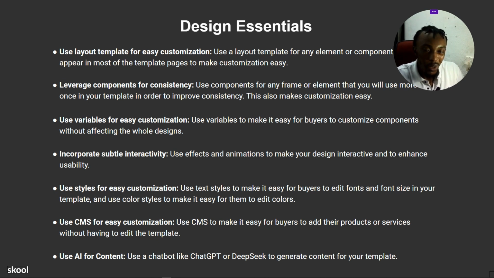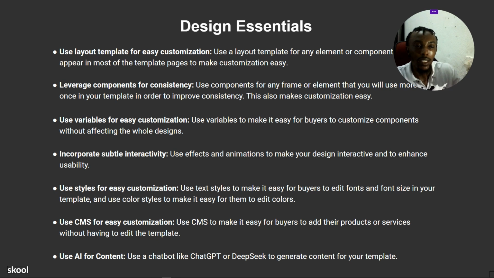So you just go to either ChatGPT or DeepSeek and tell them what template you're creating. Maybe you're creating a brand agency template. You just say, I'm creating a brand agency template, give me the hero content, and ChatGPT will just give you hero content. You don't have to make it. The content doesn't really need to be out of this world.